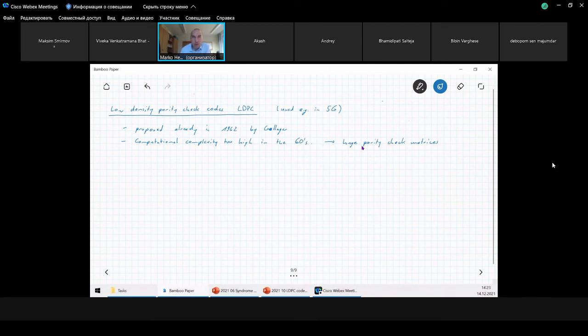Or the memory was already the problem there, how to store such large matrices in order to process them somehow. Today, it's no problem anymore. This is why we see this kind of codes in 5G, but they have been already used in DVB-T, DVB-S, so satellite TV.